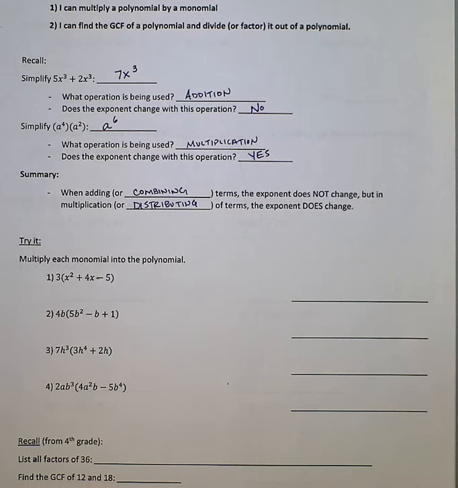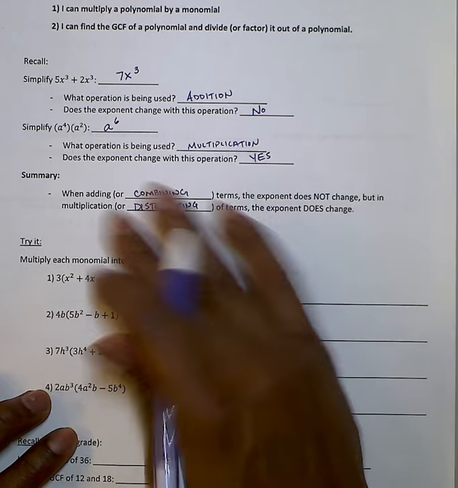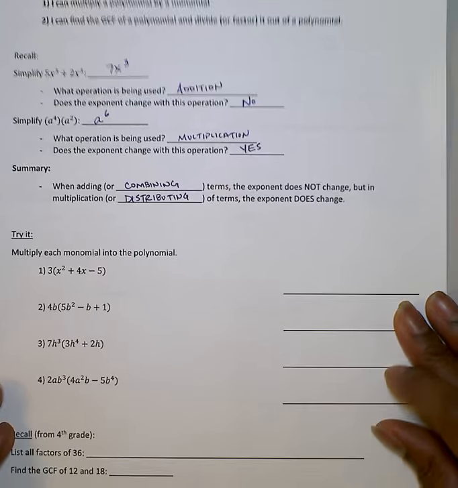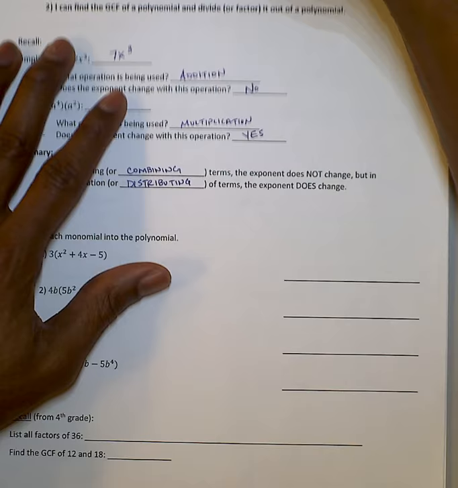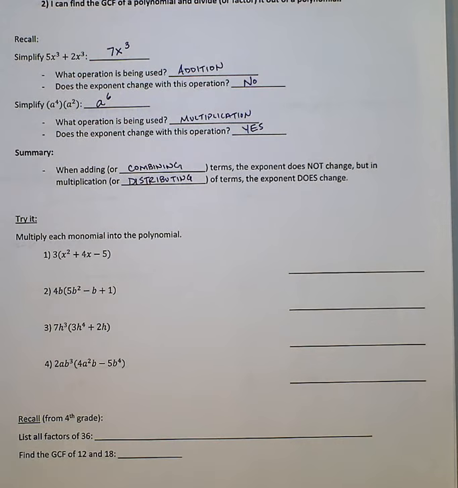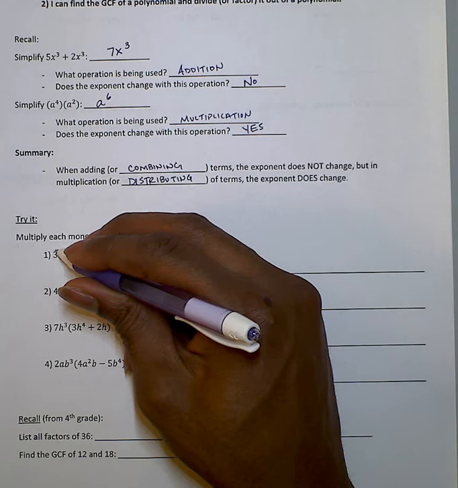Okay, so let's look at this next section with some examples attached. So down here we have 3 times quantity x squared plus 4x minus 5. We're going to multiply each monomial into a polynomial, distributing the number on the outside to all the terms inside.